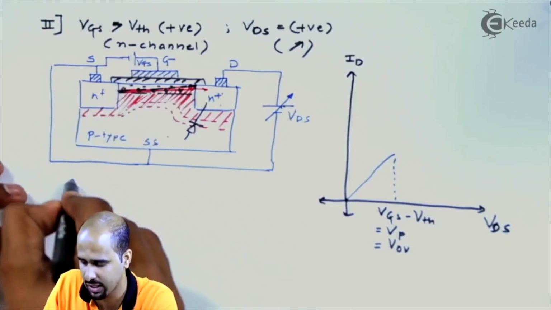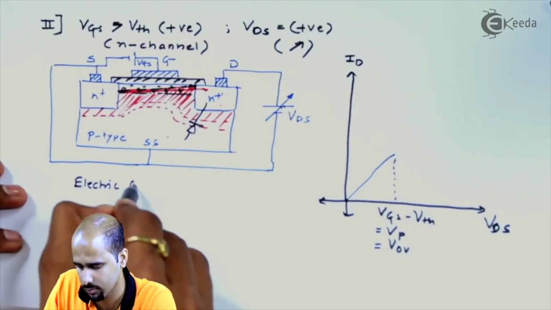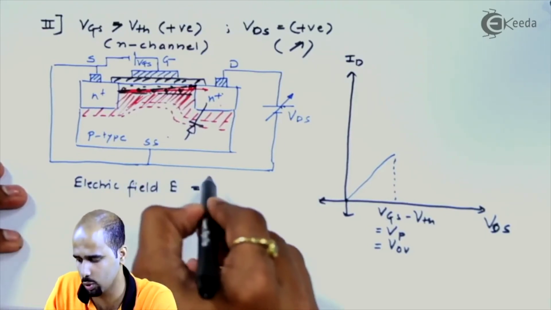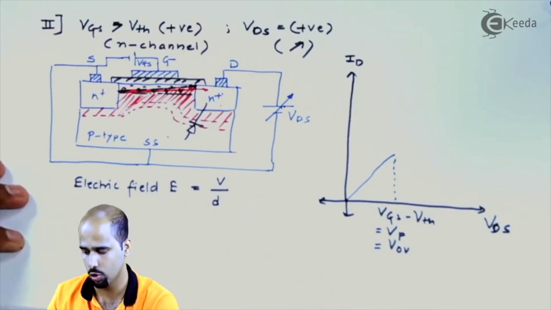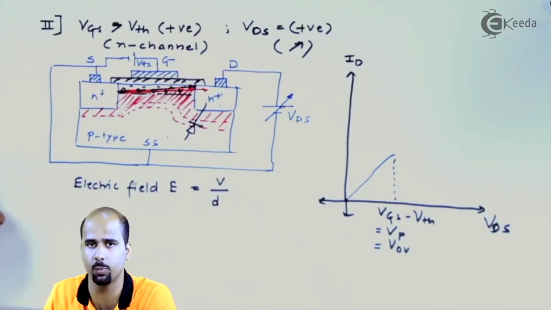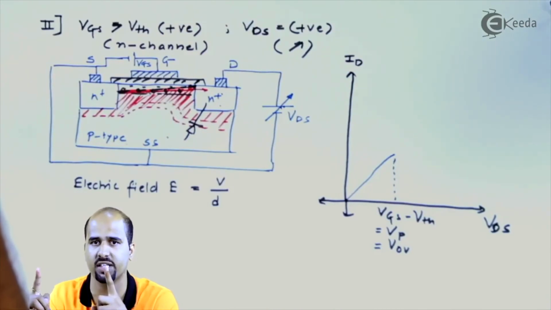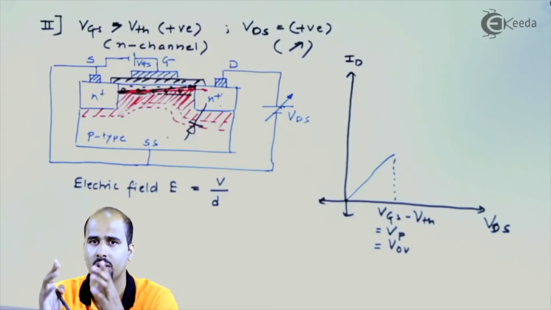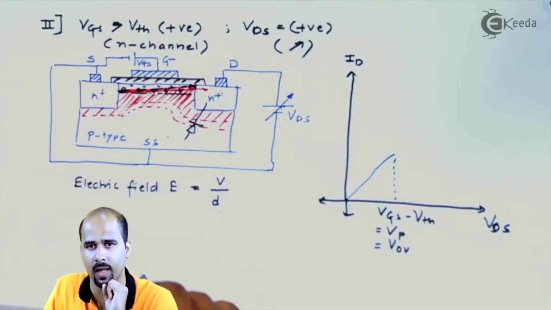As we all know, the electric field E is equal to V divided by D. That means V is the potential difference between two points, and D is the distance or width between these two points.